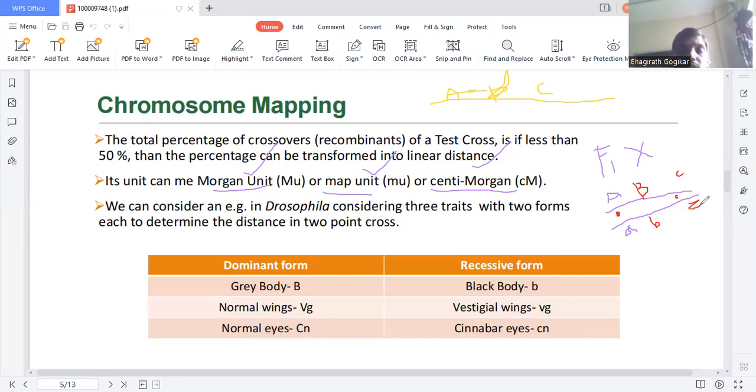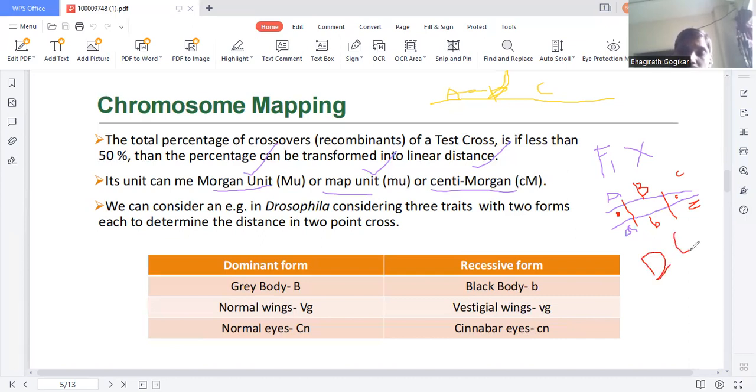If the crossing over takes place with reference to 2 points, the segment breaks and exchanges at 2 points, which is a DCO, double crossover. Are you getting my point?